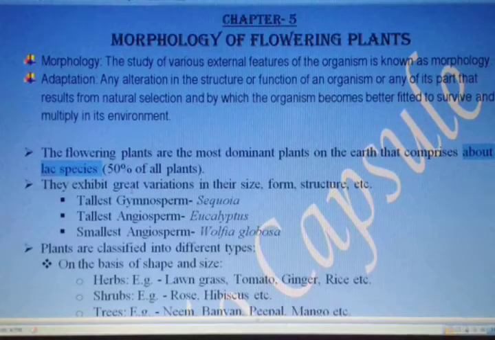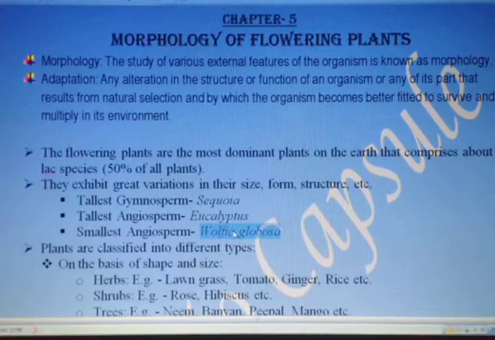It measures around 150 meters in height. But among angiosperms, the tallest is Eucalyptus, and the smallest angiosperm is Wolffia globosa.